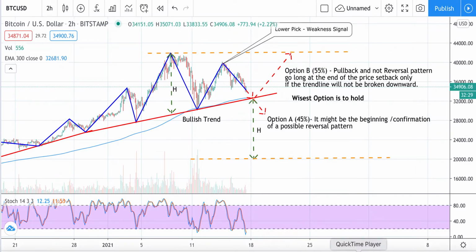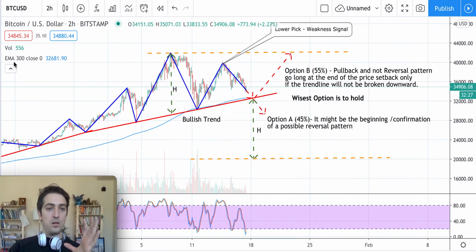But the idea is that if this trend line or exponential moving average is broken, the idea is to keep holding, because perhaps this is really going to work as a reversal signal and the price is going to go down, or it is just a pullback, a false signal, and the market will keep going upward.